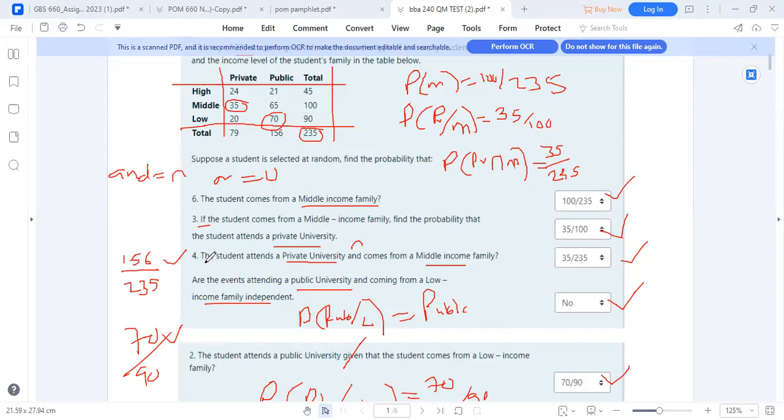So they're not independent. They're only independent if the answers we're getting are the same. Okay. So, any other questions?